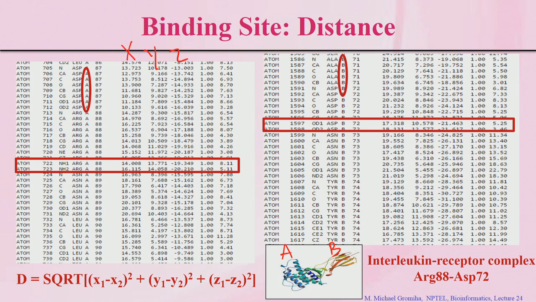For example, here is arginine 88 in chain A, and here is aspartic acid 72 in chain B. If you get the contacts, this should be within the specific cutoff distance. For example, if we take the NH1 of arginine and the OD1 of aspartic acid, what is the distance?